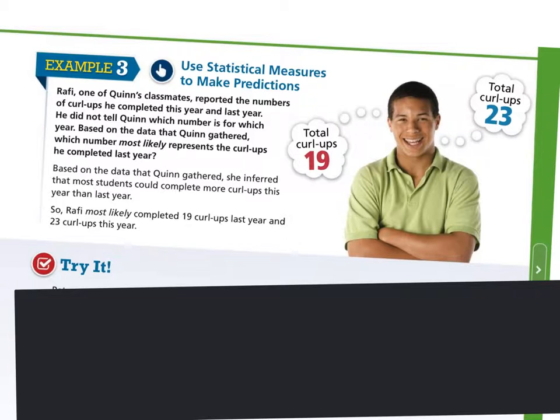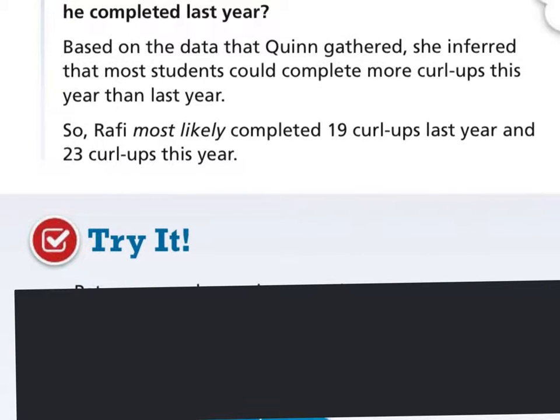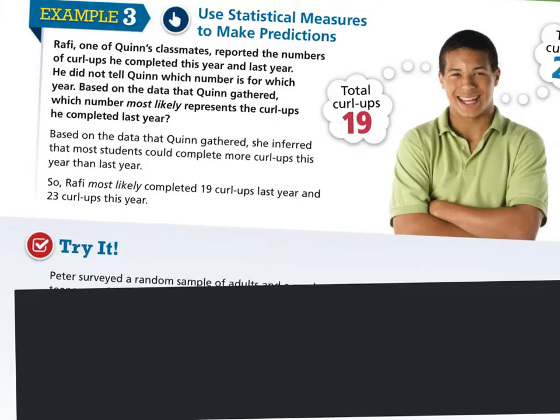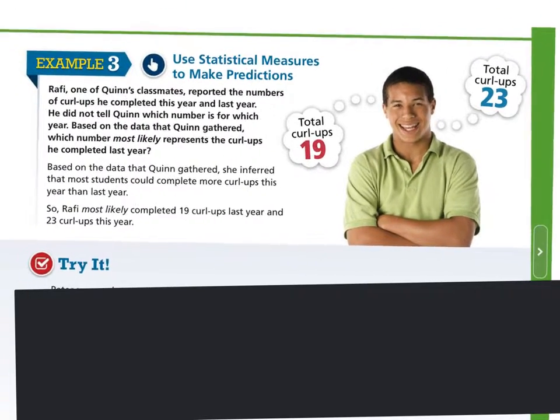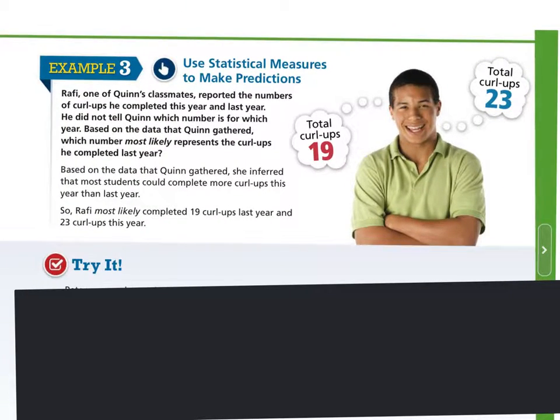In general, last year people didn't do as many curl-ups, so most likely would be that he completed 19 curl-ups last year and 23 this year. Okay, again, basing off of people mostly doing more curl-ups this year as opposed to last year.